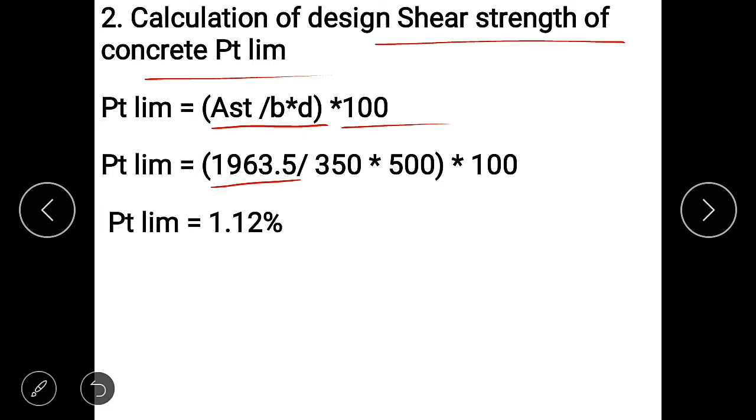Here 4 bars are given, diameter of bar is 25, so 4 into pi by 4 into 25 square. We get 1963.5 divided by B, which is 350, and D, which is 500. We multiply by 100 because we have to find pt in percentage. So our percentage is 1.12 percent.